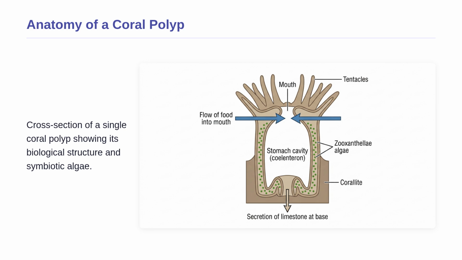Look closely at the inner tissues, and you will see tiny green dots representing the zooxanthellae algae living right inside the coral. Finally, at the very bottom, you can see the hard corallite base. This is the limestone skeleton the polyp secretes, anchoring it in place and slowly building the reef upward.